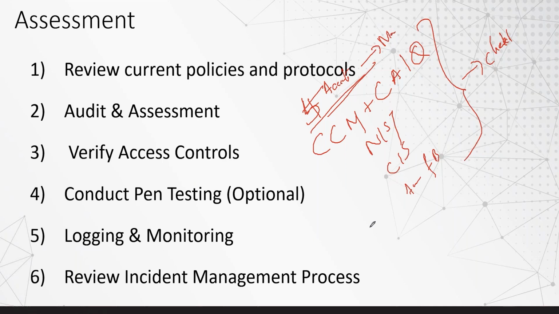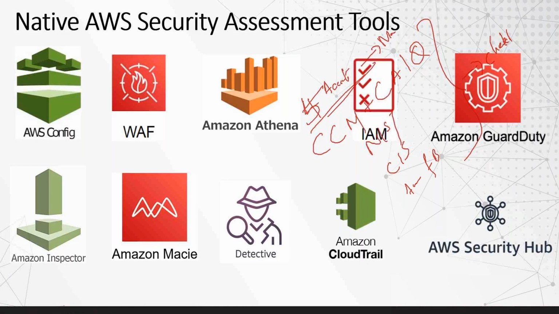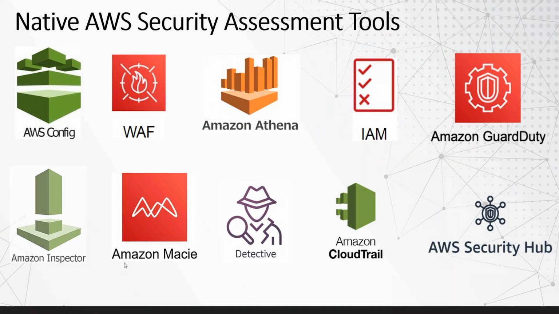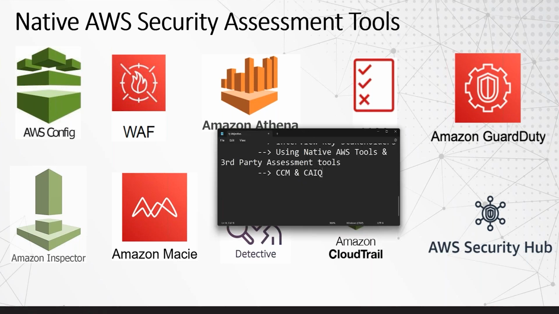If you take AWS, we have tools like AWS Audit Manager, Athena, GuardDuty, IAM Access Analyzer, and Security Hub. Outside AWS, we have Scout Suite, Prowler, PMapper, Resource Counter, SkyArk, and Trailblazer. A lot of tools are there in the market. Tomorrow I'll show you these tools.